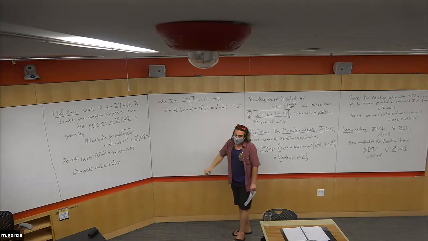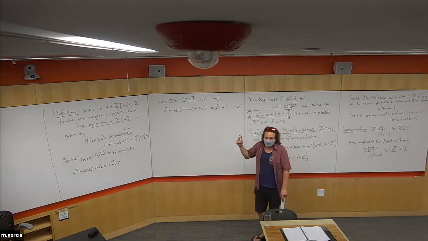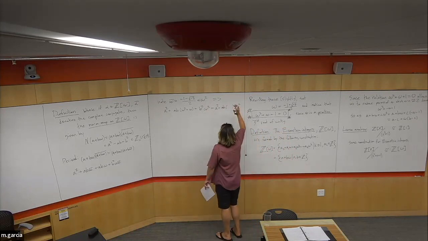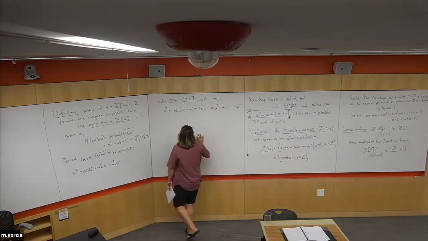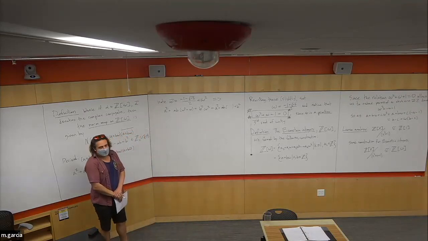First of all, what's omega cubed? It's just one, right? Because remember, omega is a cube root of unity, specifically a primitive cube root of unity, but a cube root of unity nonetheless. So when we cube it, we get one. What expression do we get for omega squared plus omega?